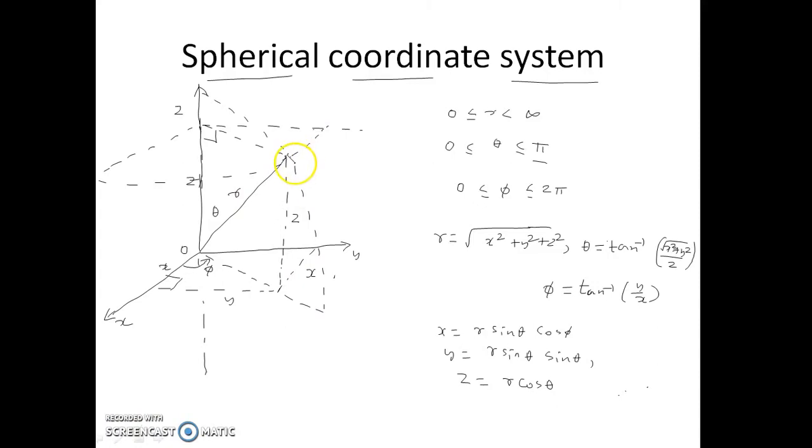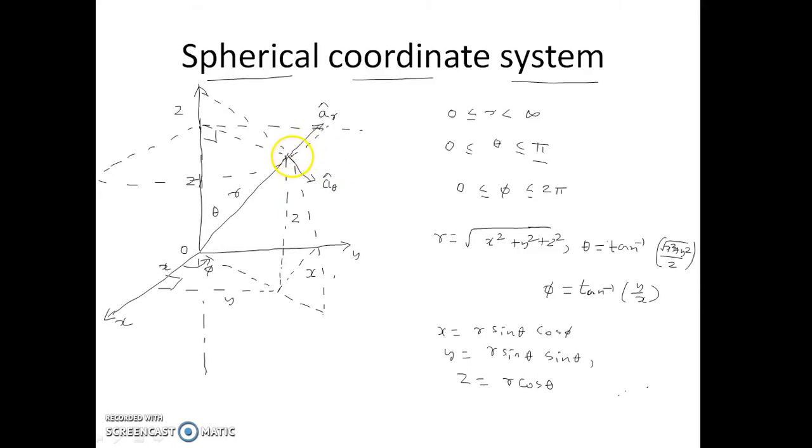So the unit vectors in the spherical coordinate system are given by, this is AR. AR is pointing in the direction in which r increases, and this is A theta, the direction in which theta increases. It is tangential to a circle of radius r.